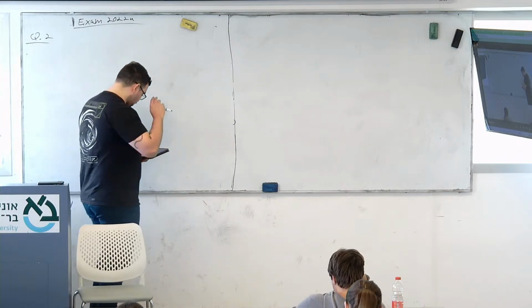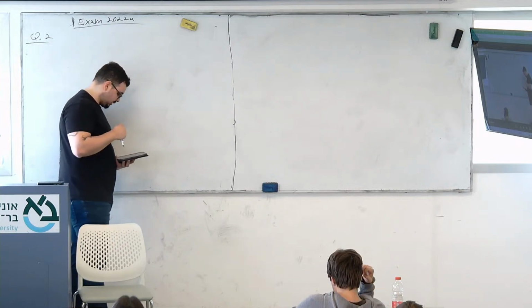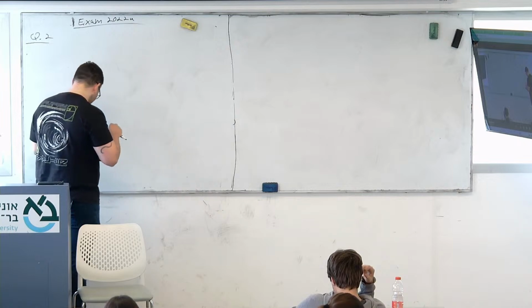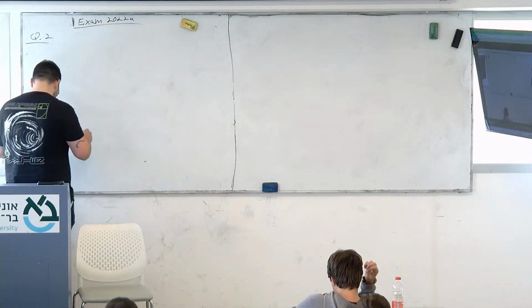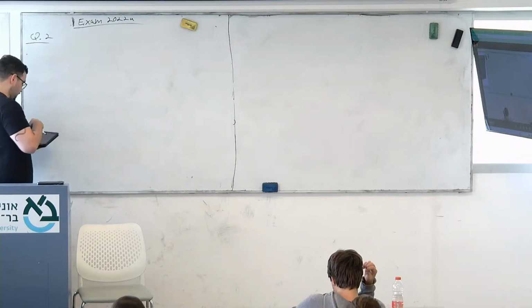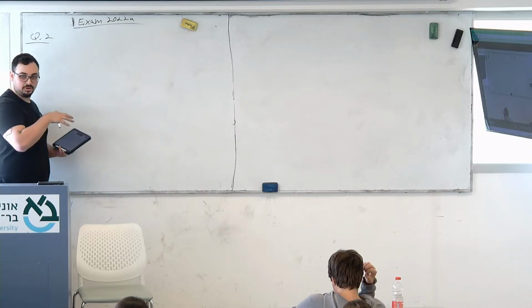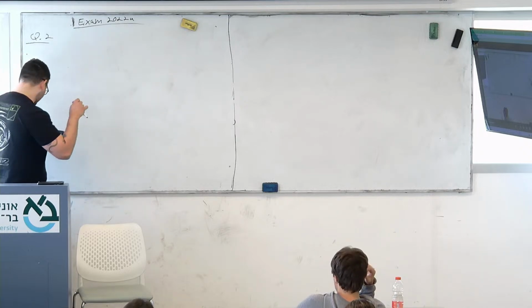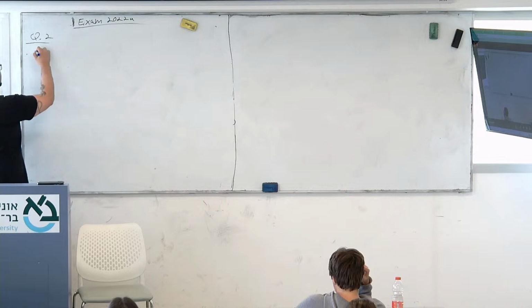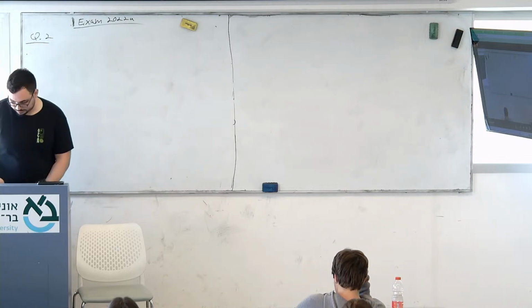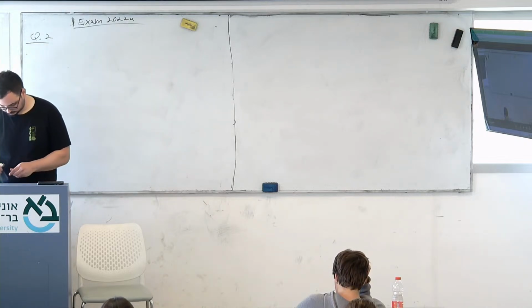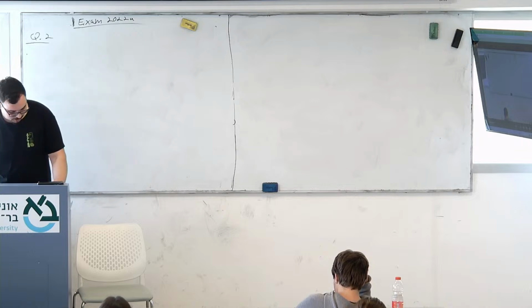Okay, so question 3, the same test, 22A. As you can see, this is a question where the professor likes to talk on and on about the physics of the question, but we're going to ignore that.